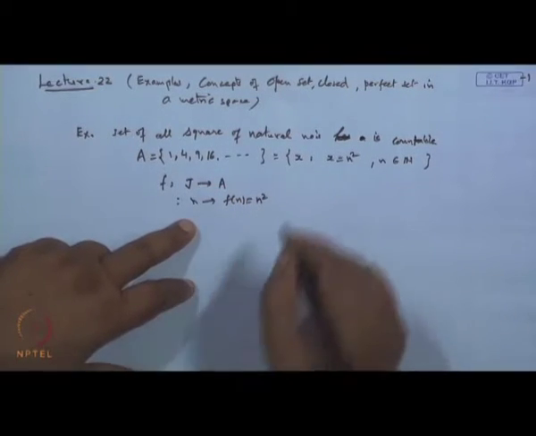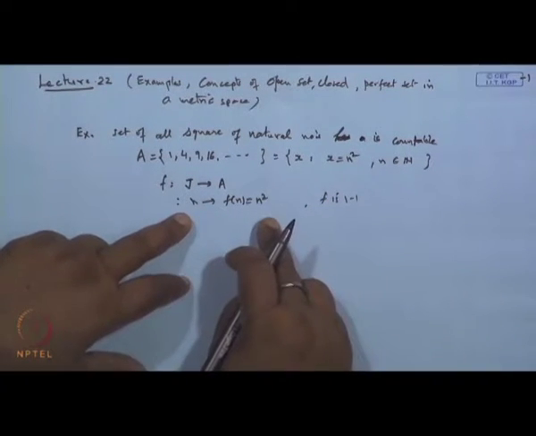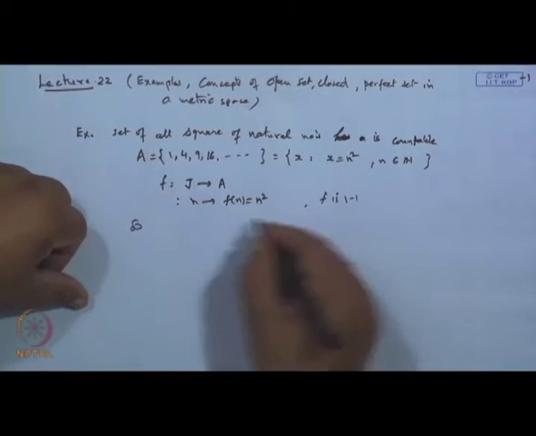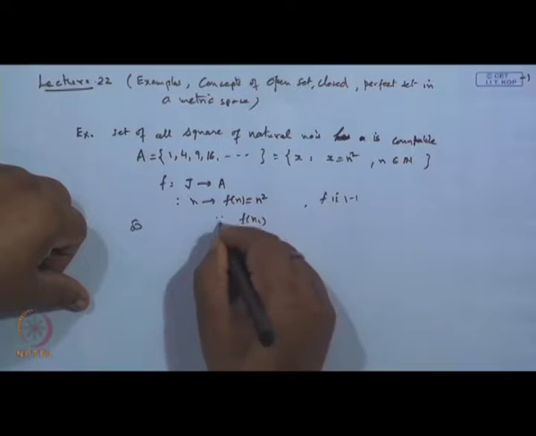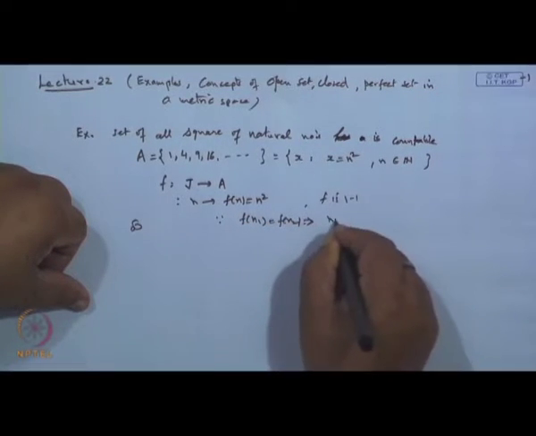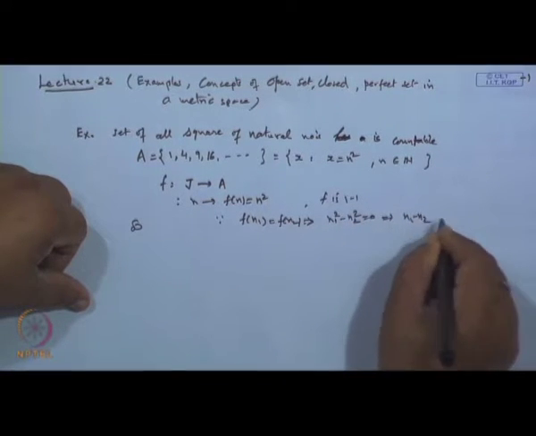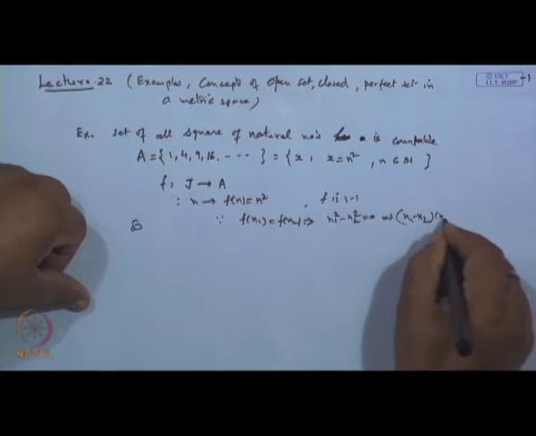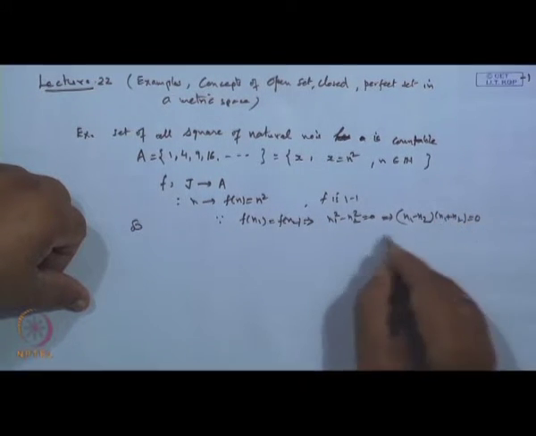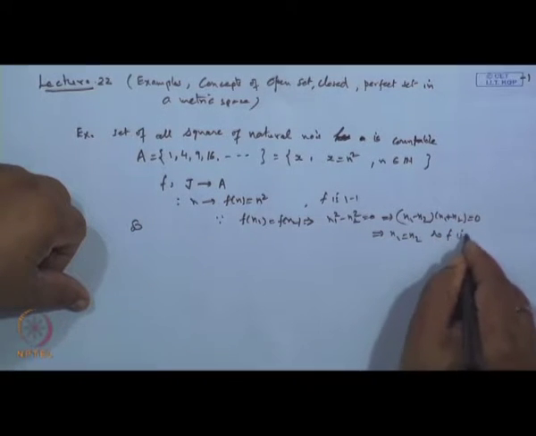Then it is easy to show that f is 1-1. Why 1-1? Because f(n1) equal to f(n2) implies n1 square minus n2 square is 0, which implies (n1 minus n2) into (n1 plus n2) is 0, but n1 plus n2 cannot be 0. So, this implies that n1 is equal to n2. So, f is 1-1.